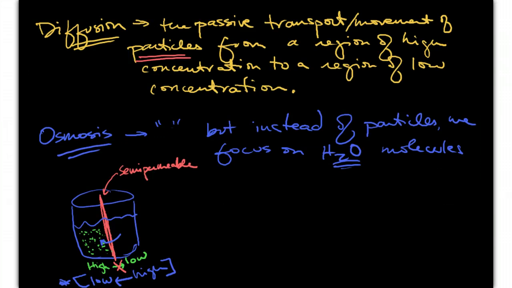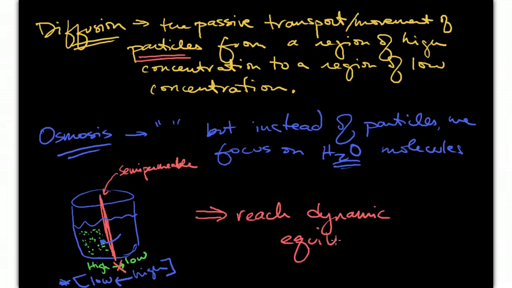The whole point of these processes is to reach dynamic equilibrium. Equilibrium meaning equal, and dynamic meaning that it can change because molecules are still moving back and forth. The water molecules are moving back and forth across the semipermeable membrane.